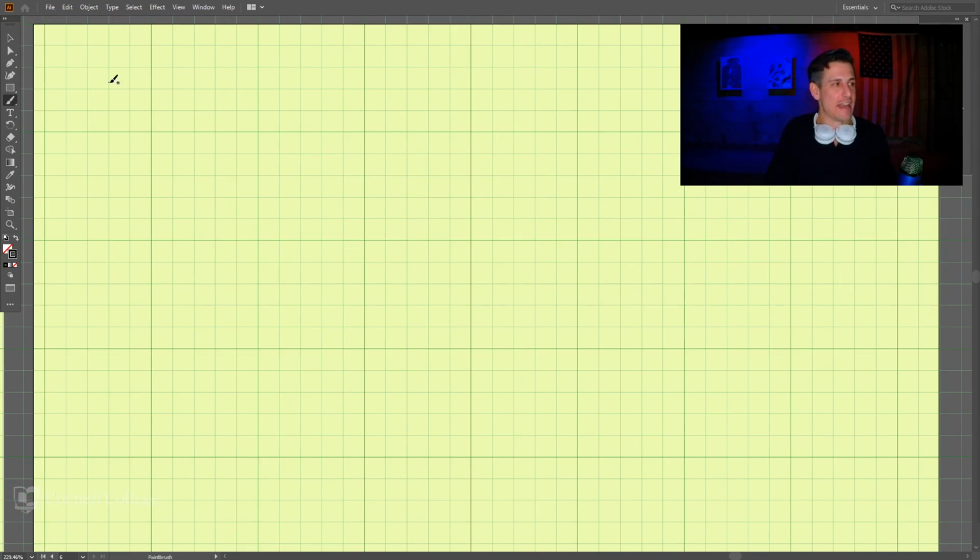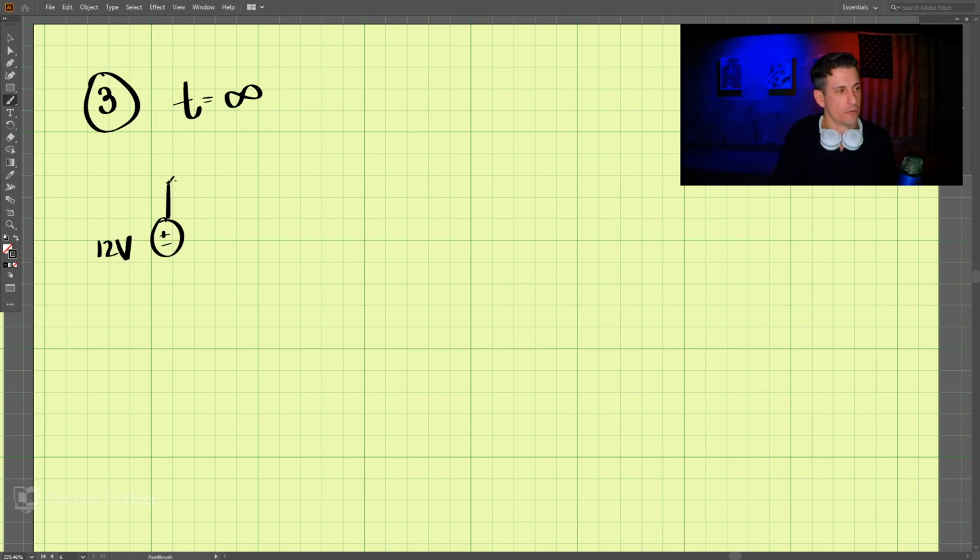Now we will take a look at analyzing our third step when t is equal to infinity. So when t is equal to infinity, we still have our voltage source, which is 12 volts. We're going to have our resistor. And we know that the inductor is going to behave like a short circuit. Okay?